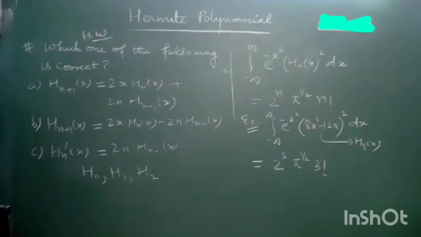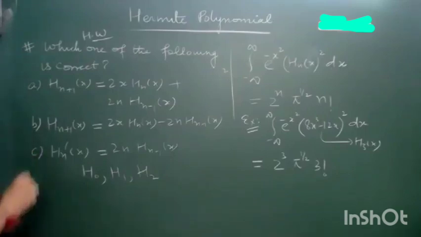So quickly, someone check. First option, sir, H_(n+1), first is correct, 2x. First is correct. Yes sir, H1(x) is coming 2x. Okay. And second? The second is correct. What about first one?